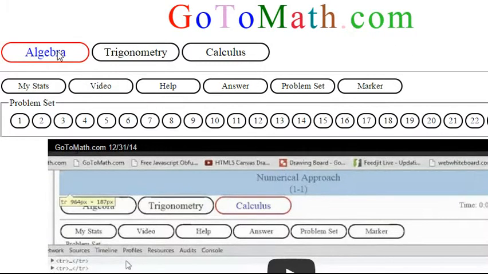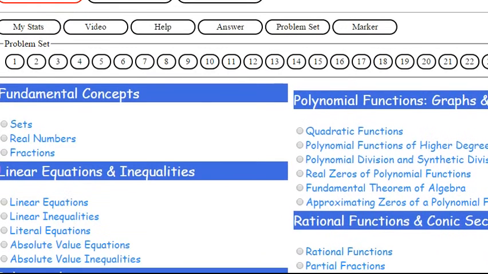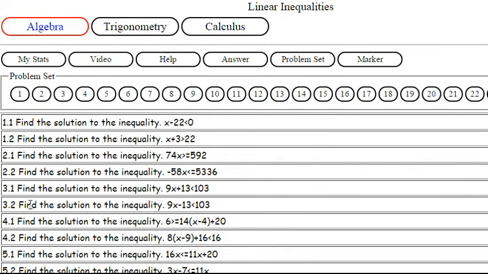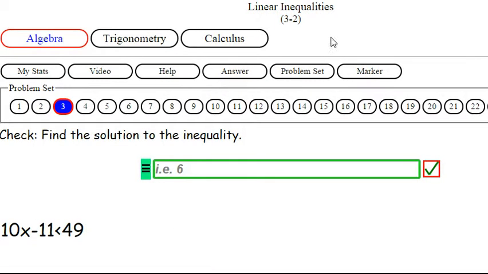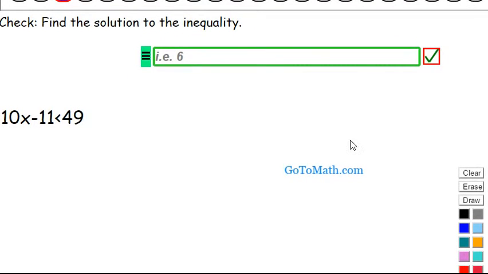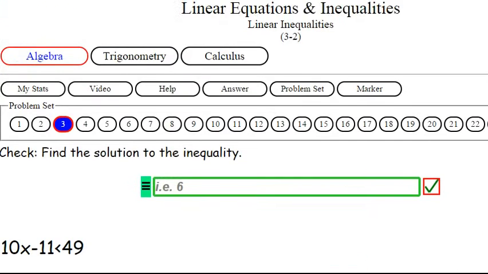Okay, we're over here at GoToMath, kind of zoning out. We zoned out. Let's do literally inequalities 3.2. This is like take 3 or something. There's been some kind of mess up every time I do this. Find the solution to the inequality. 3.2, is that?